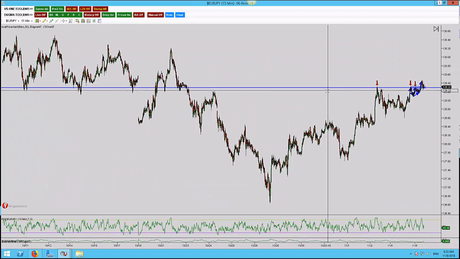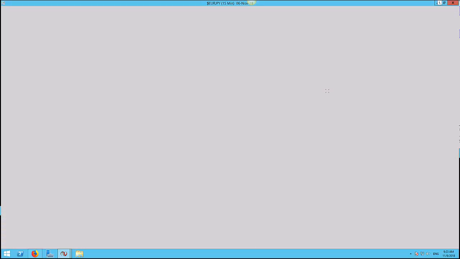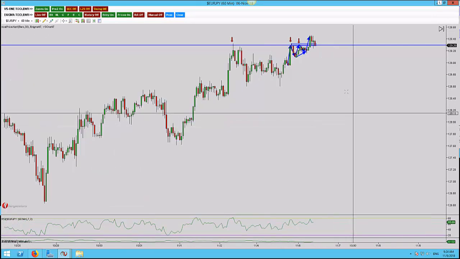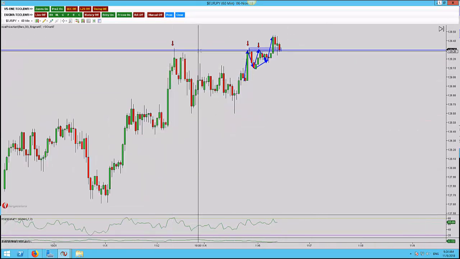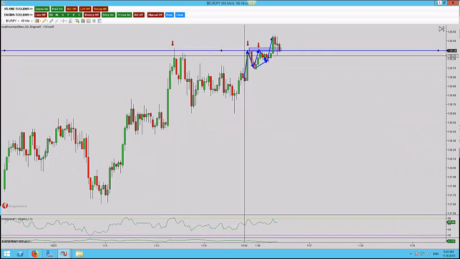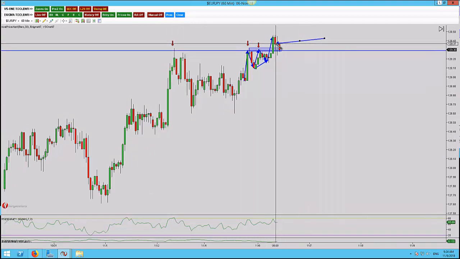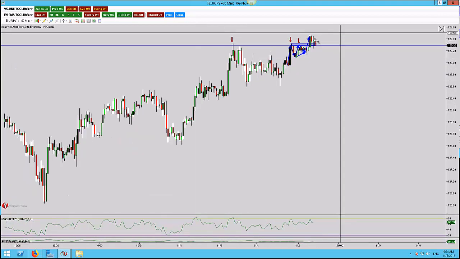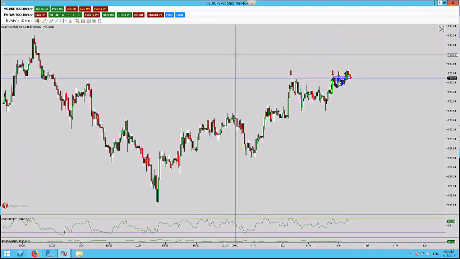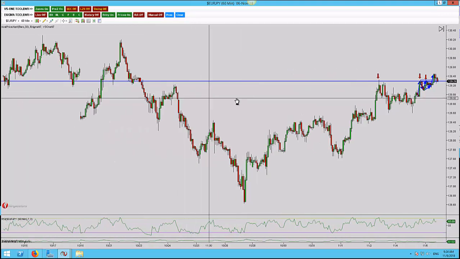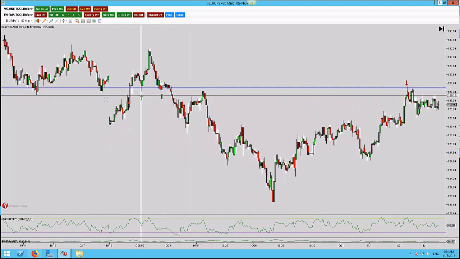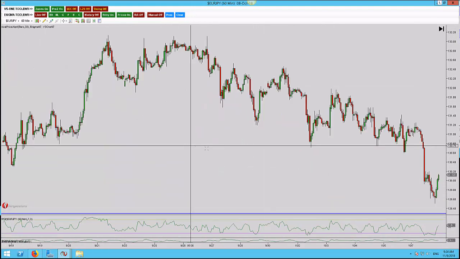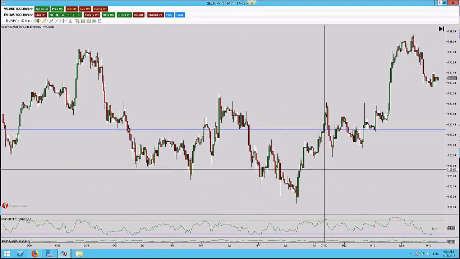Now there is more to add to this as well. I'm hoping I'm not making it too complicated here. If we just zoom in a little bit, this structure level here has now been tested 3 times. We've got an indecision candle that happened at 9 o'clock, and the hourly candle was a big higher high, higher close. And if we just look left to see how many times this structure level has been tested, we can see that it's been tested multiple times.